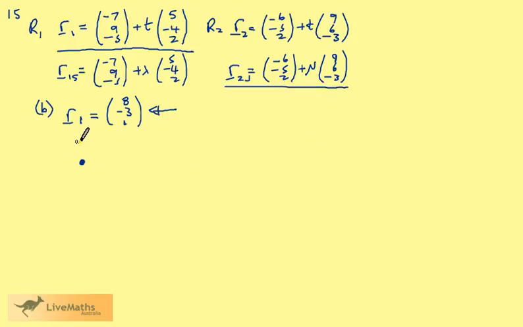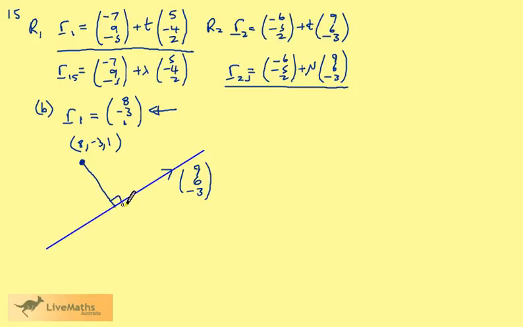So here we have 8, -3, 1, and this is the smoke trail for rocket 2. So we know this is going in a direction of 9, 6, -3.